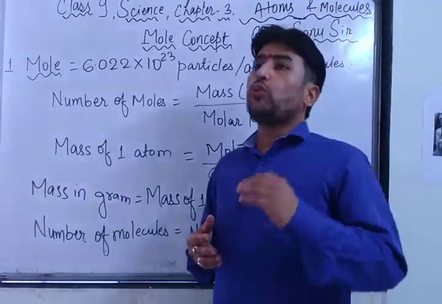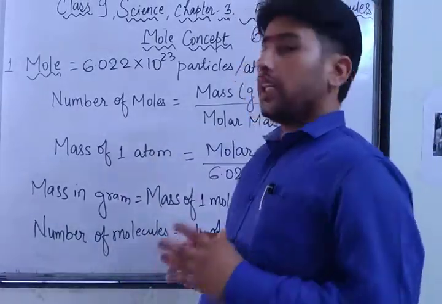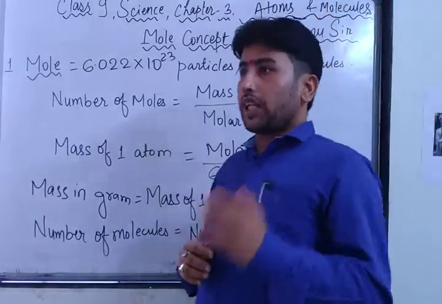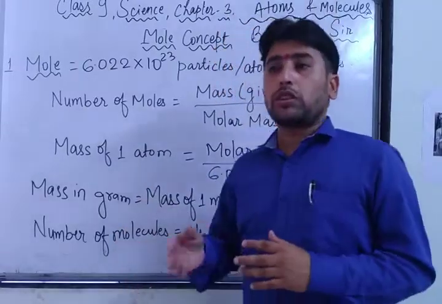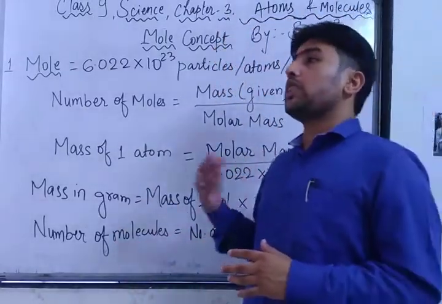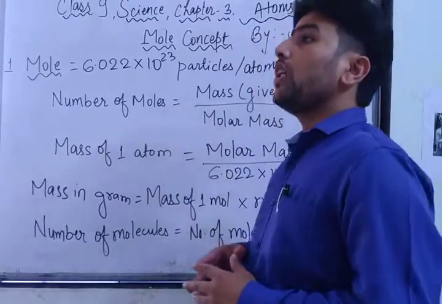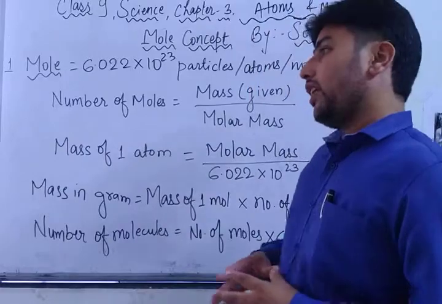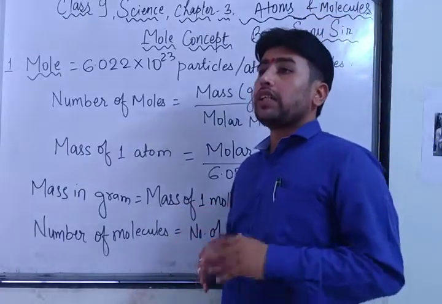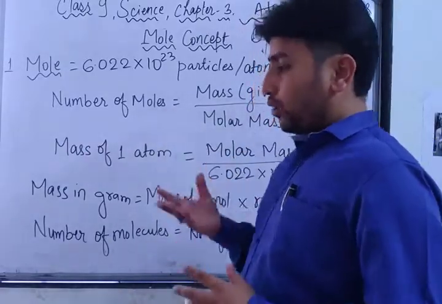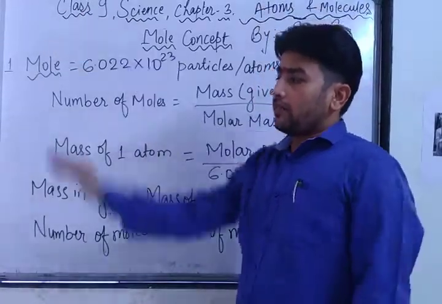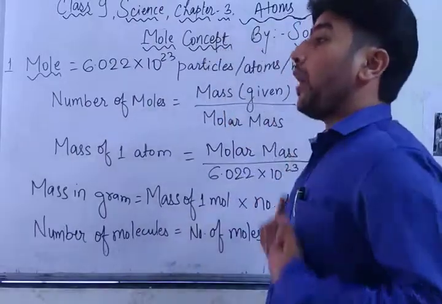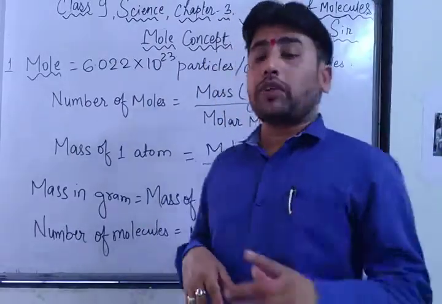Why? Because weight is due to gravity. Whatever the gravitational force, the universal gravitational force, is on the earth, we will study it in the gravitation chapter also. From that chapter we get the value of the universal gravitational constant. So the gravitational force describes weight. If my hand suddenly falls down, it is because of the gravitational force, and my body weight is also because of the gravitational force.